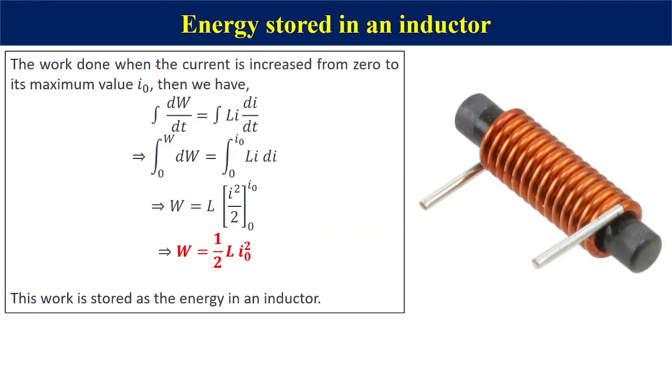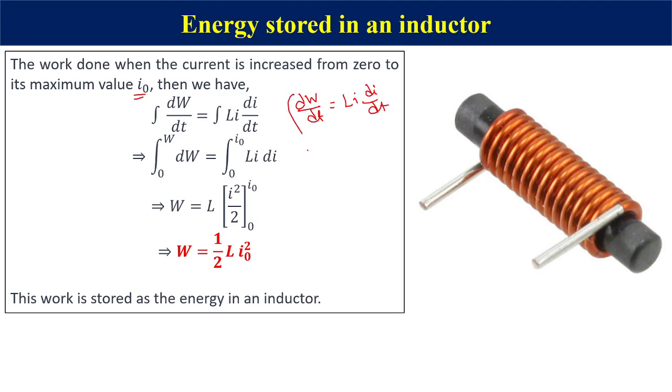Now the work done when the current is increased from 0 to its maximum value I naught, how would you find this? In order to find this, we have to integrate this equation. The equation was dW dt equal to L I di upon dt.